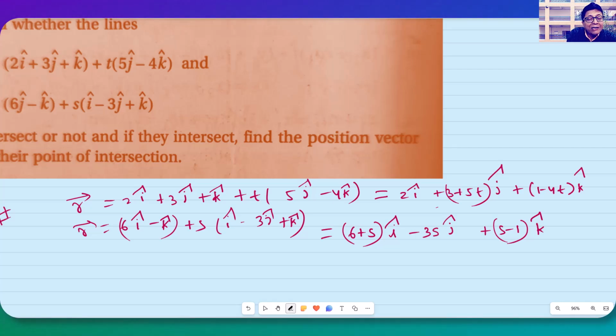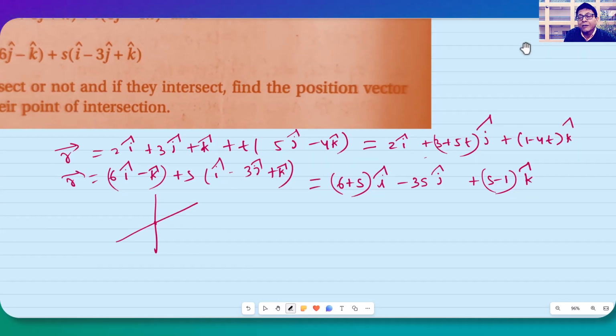So if the lines are going to intersect here, then this point is common. So a point on the first line, whose position vector is given by this, must be equal to a point on the second line, whose position vector is given by this. This is line 1 and line 2. They have the same point of intersection.